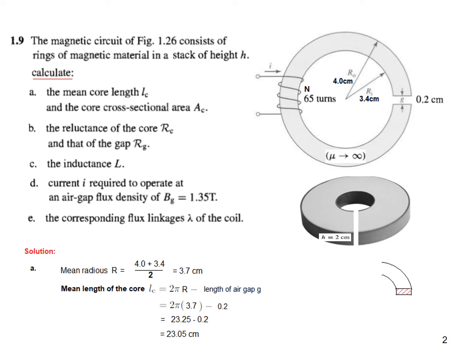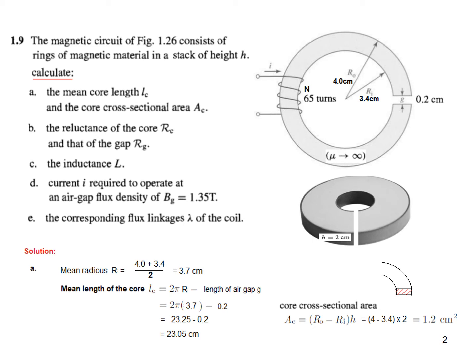Now we have to find the area of cross section. This is the area of cross section, that means the height multiplied by the width. So the cross-sectional area Ac is R outer minus R inner, so this will give you this length, and multiply by height.